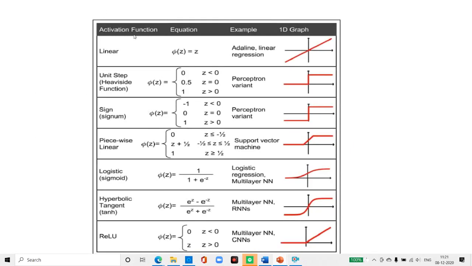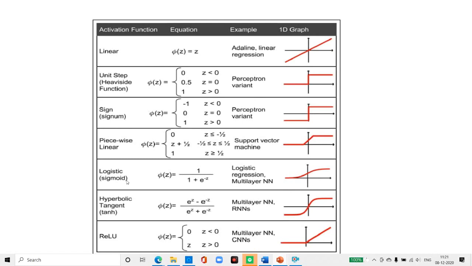Then here are the types of activation function: linear, unit step, Heaviside function, sine, piecewise linear, logistic sigmoid, hyperbolic tangent, ReLU, the rectified linear unit. These are the equations for these activation functions, then examples and graphs.